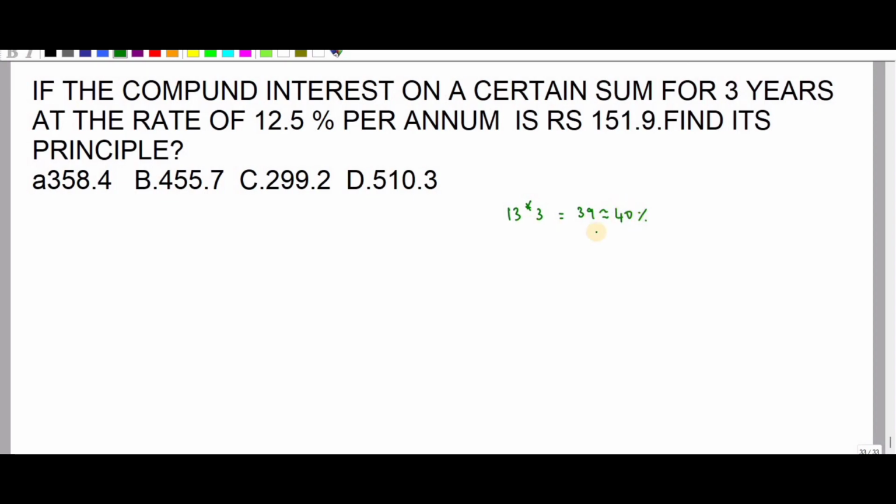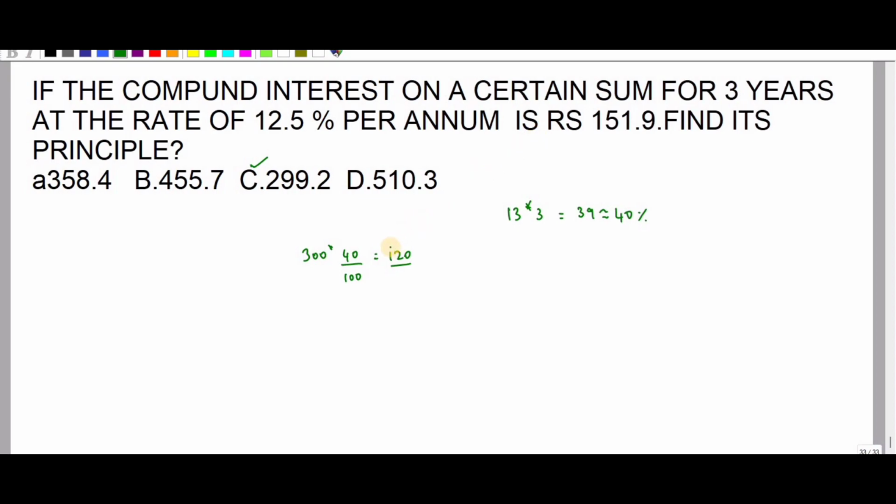We know that compound interest will be more compared to simple interest. So this is a simple interest formula. I'm taking the principal amount as 300. 40% of 300 is nothing but 120, which is far away from 151.9.